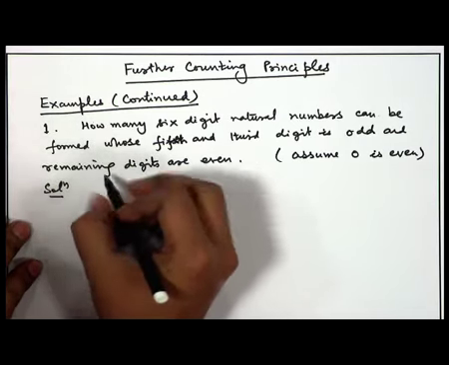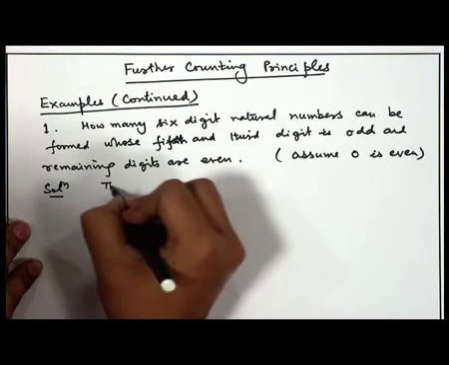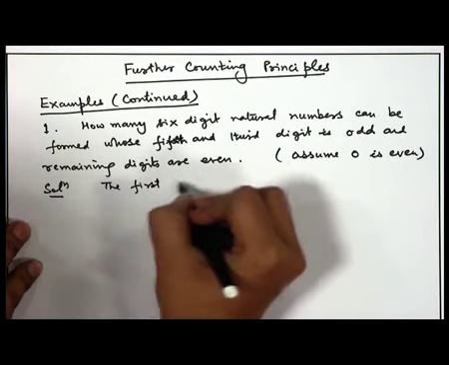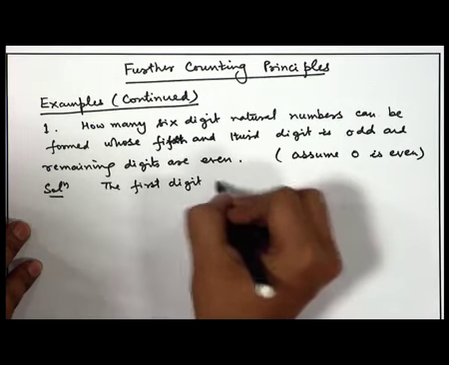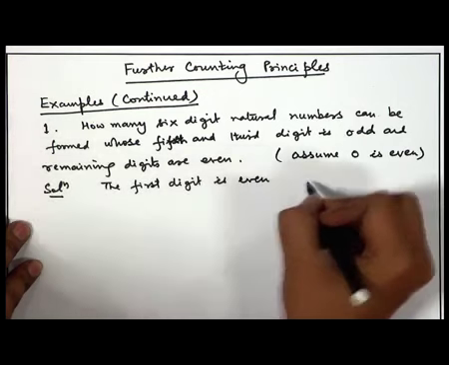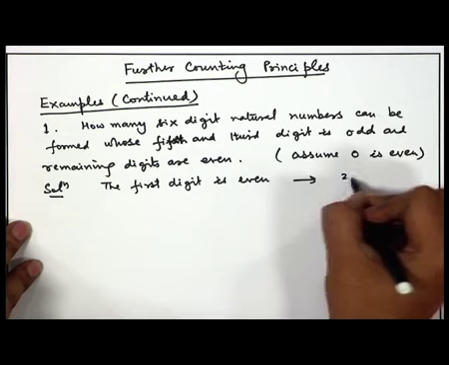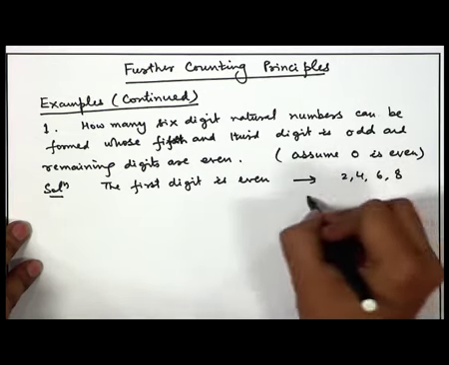So, the first digit is even. There are the possibilities 2, 4, 6, 8, that is, 4 ways.